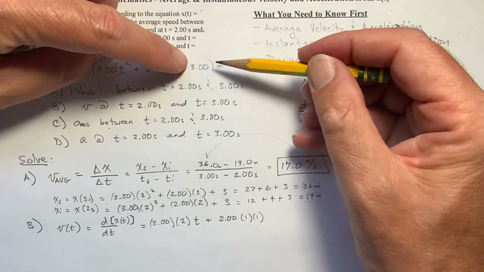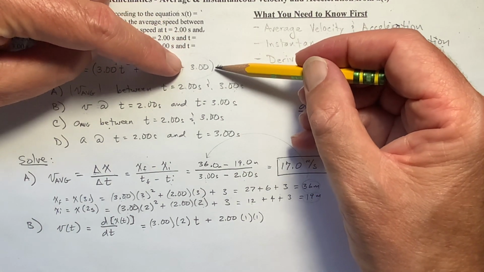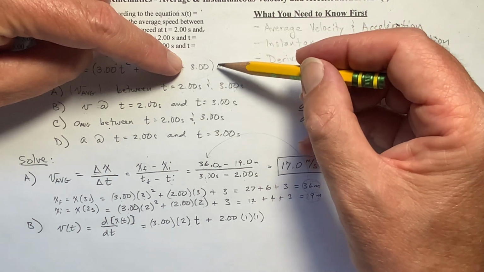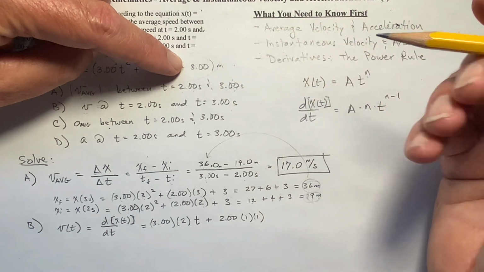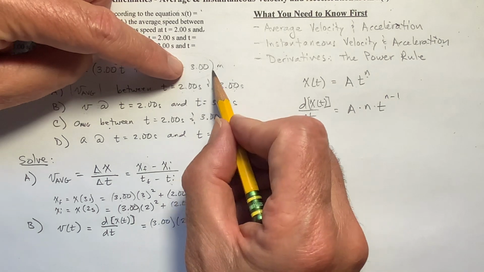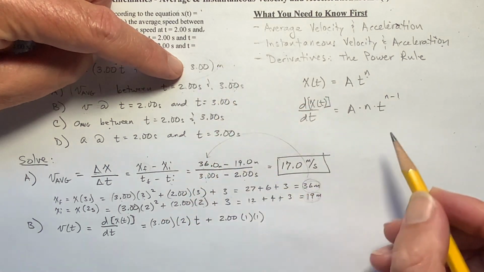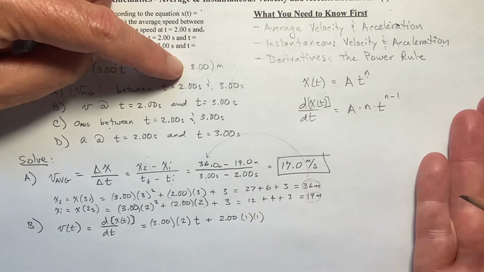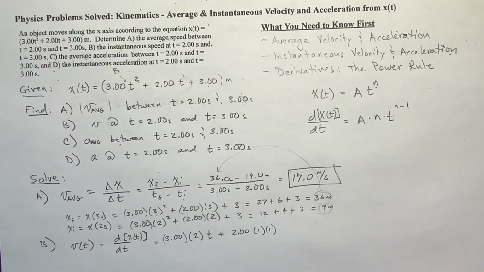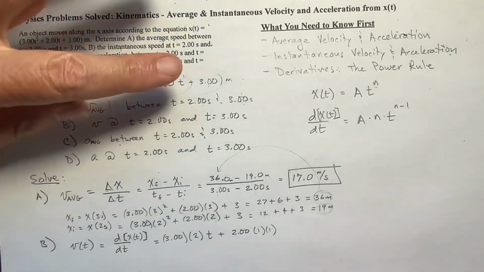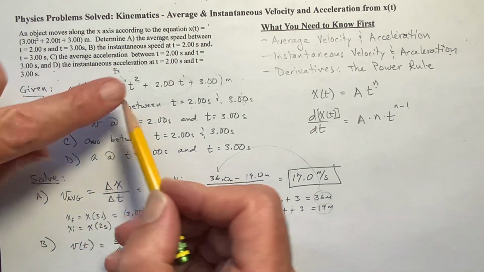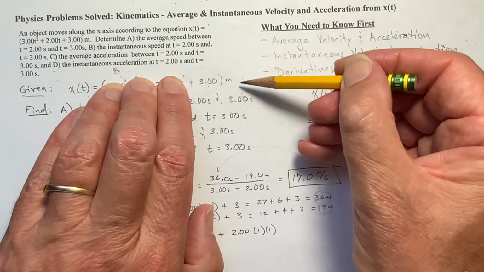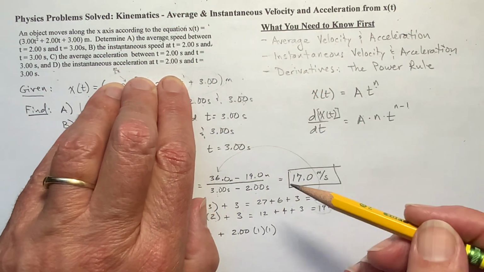Now here, if we operate the derivative on a constant term, this is like 3 times t to the 0 power. So when you bring the exponent down, that n is 0, and so the whole thing is 0. That's one way to look at it mathematically, but just think about it. If you had a position that was just x equals 3 meters, well, that's not changing with time.